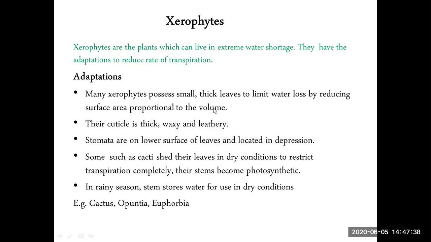Small leaves, less surface area, more volume, reduce the rate of transpiration. Then thick cuticle, thick waxy leathery cuticle, which will reduce the rate of transpiration.